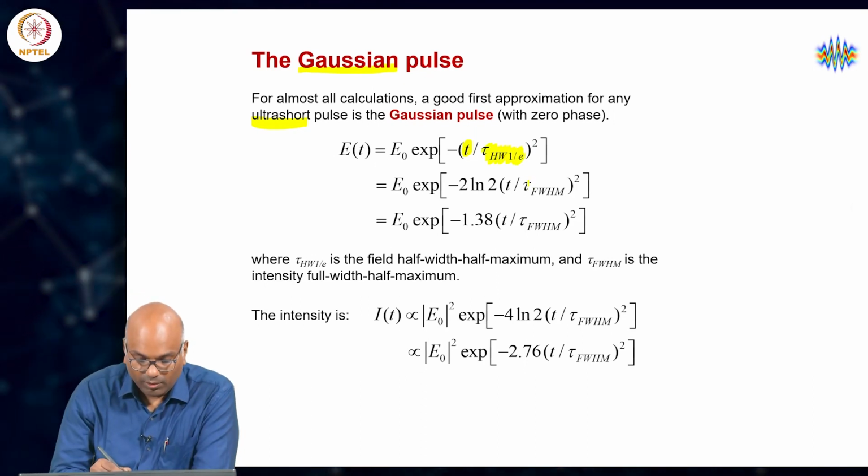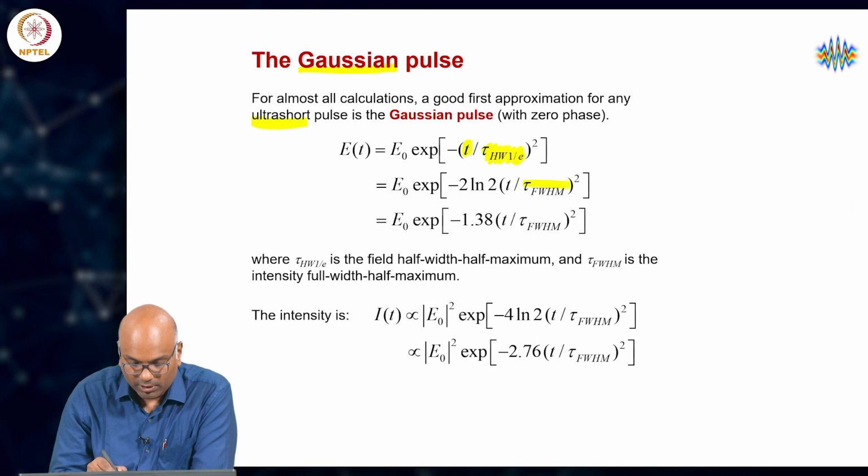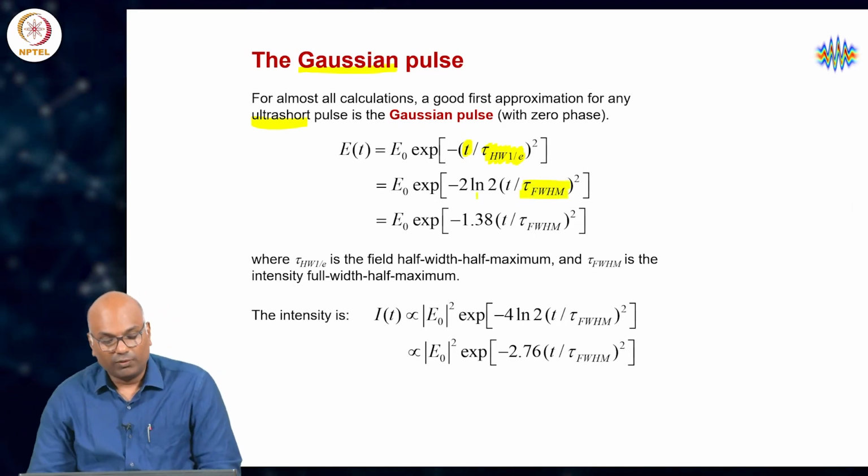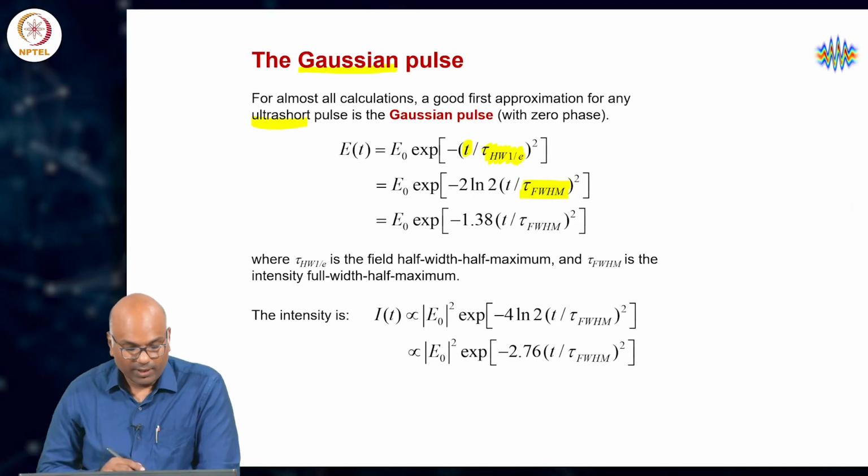It's then related to another popular measure for pulse widths, which is FWHM, through the square root of 2 log 2 and so on.